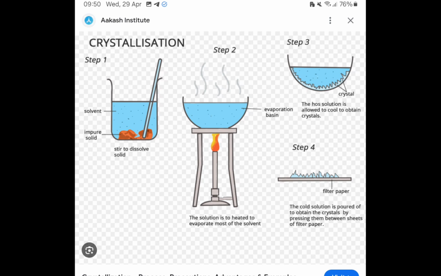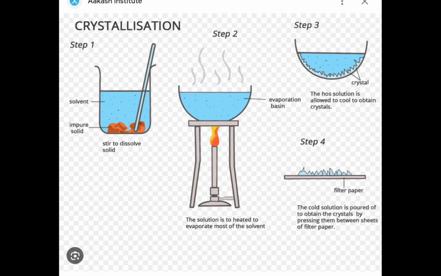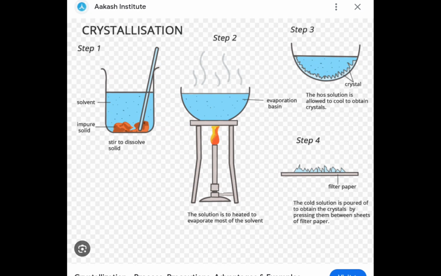This is an example for crystallization, friends. So, just to remember, I am explaining what is the meaning of crystallization. Observe step 1. In a jar, solvent and a few solids are there. Then we have to stir the impure solid. In step 2, the solution is heated to evaporate most of the solvent.